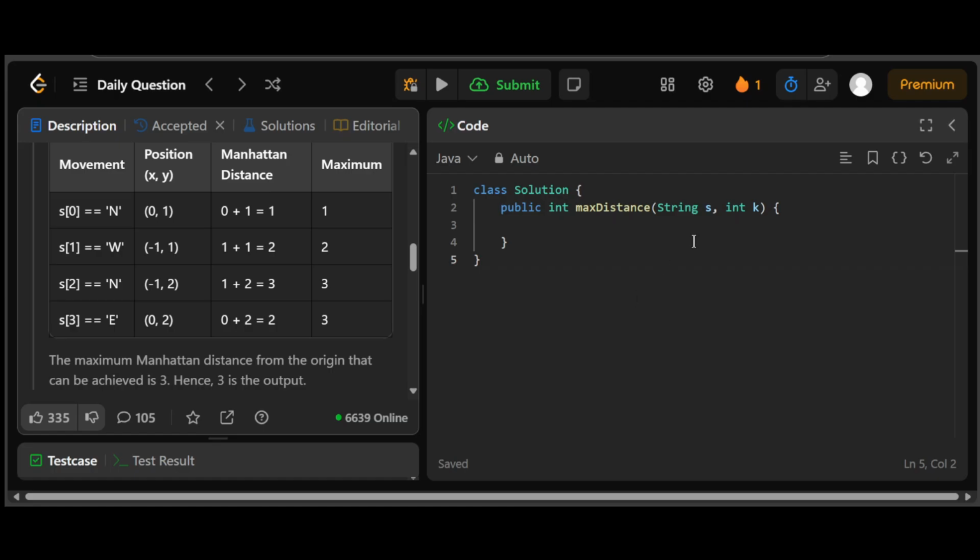There's nothing else in it, right? So what I said, first we need to compute the length of our string, and then we need to have 4 variables to store the frequency of all the 4 characters.